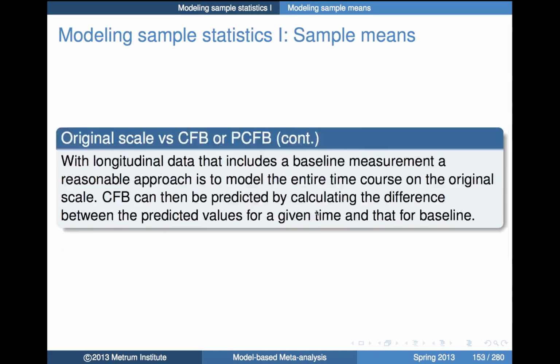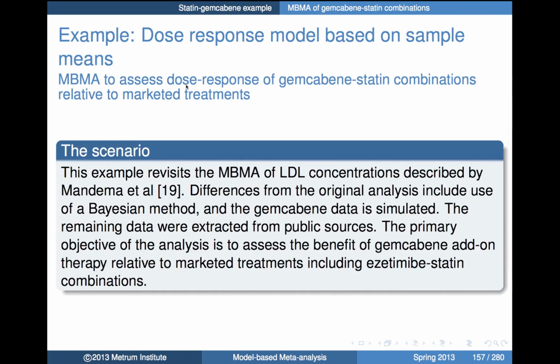Let's jump back down to our example. Okay, here we go. We're going to attempt to recreate the example that Yatmandama and others did for the gemcitabine statin combinations. Recall that was the first paper I described during our first session to illustrate model-based meta-analysis.